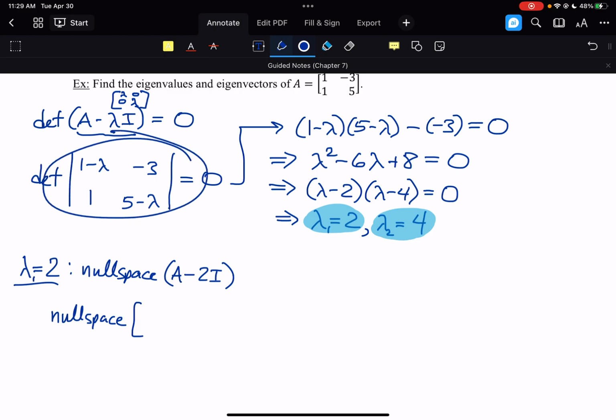So we're taking the same matrix here, but we're replacing the lambdas with 2's. So 1 minus 2 is negative 1, negative 3, 1, and 5 minus 2 is 3.